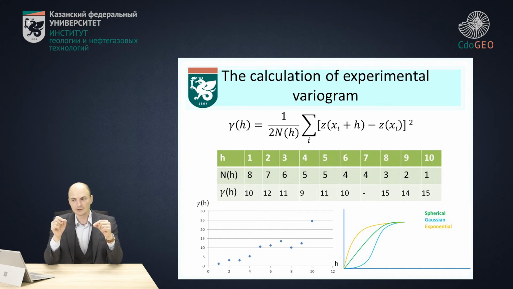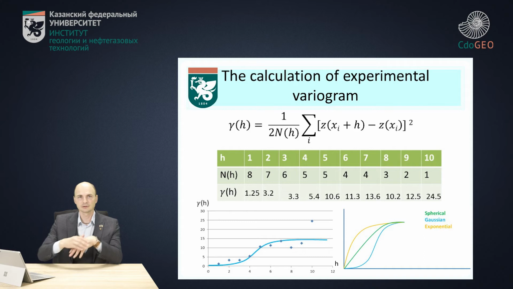Once you go further and increase your step to values of 5 or 6, it's increasing dramatically. So which of these three functions are we going to use to approximate our experimental variogram? Most likely we're going to use the Gaussian function.